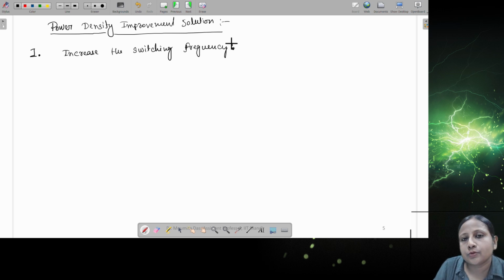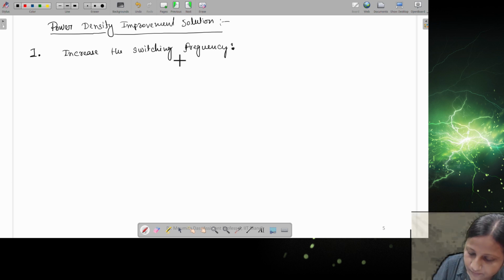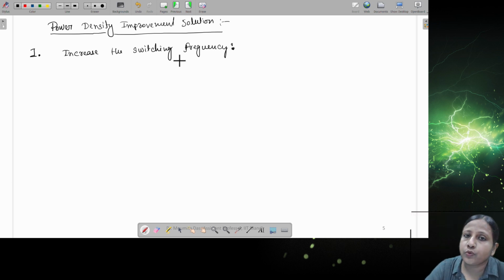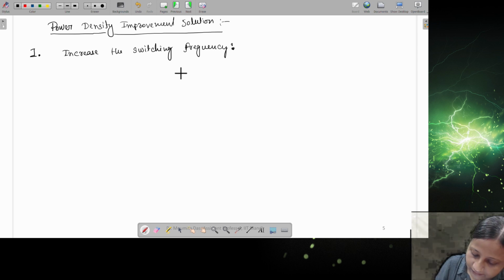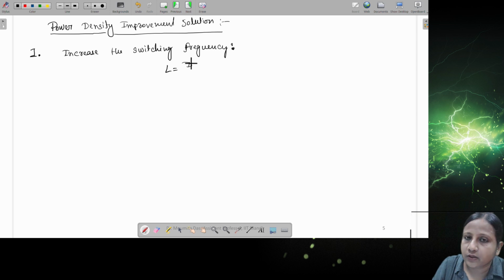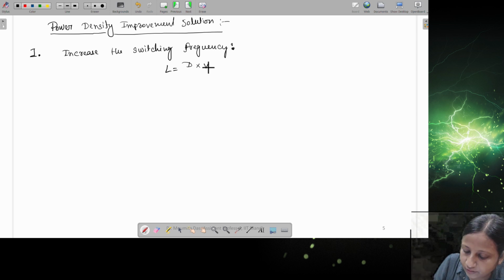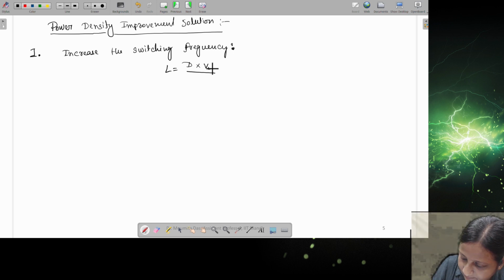So if we increase the switching frequency, then what will happen? Passive component size will reduce. Among passive components, which one is directly related to the frequency? That is the magnetics, or the inductor. If the system is isolated and there is a transformer, then we will consider the transformer. So how is the inductor related? L equals the duty cycle of that particular converter multiplied by the voltage across the inductor, divided by the switching frequency multiplied by the current ripple of the inductor.